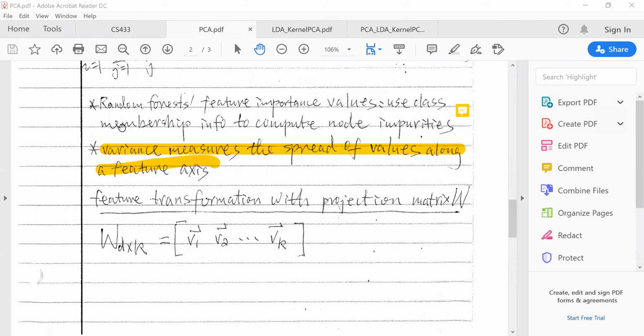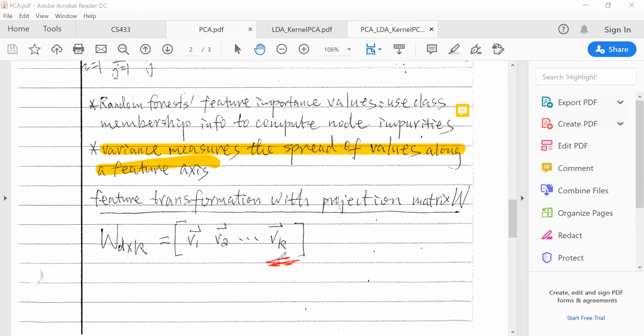You have the feature space, then you transform it into a new feature space. With this new feature space, after you project, you may also reduce the number of features, which can be used for your model training.